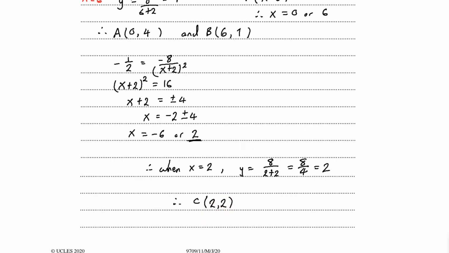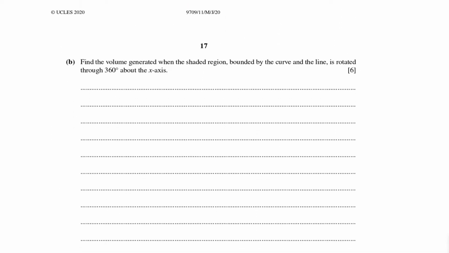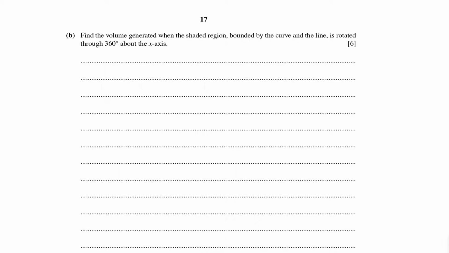So we now have the three coordinates, the coordinate of A here, the coordinate of B, and the coordinate of C. So this is what we have. We can now scroll down to the next part of the question, and that's part B. Part B goes, find the volume generated when the shaded region bounded by the curve and the line is rotated through 360 degrees about the x-axis.